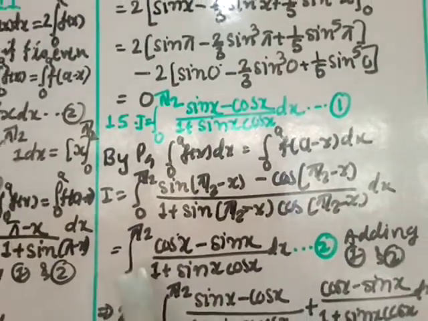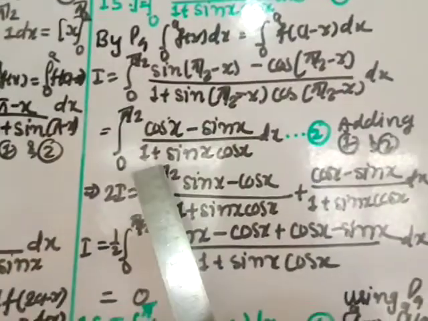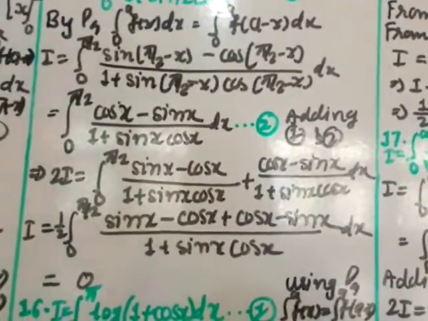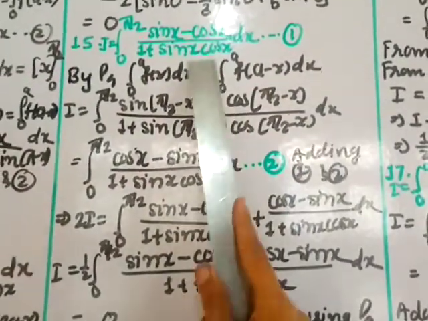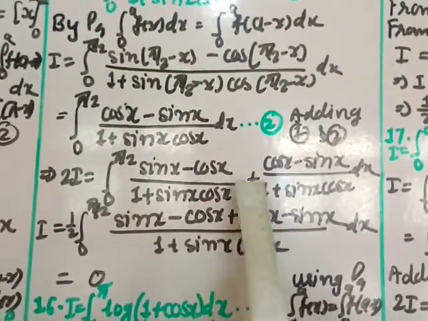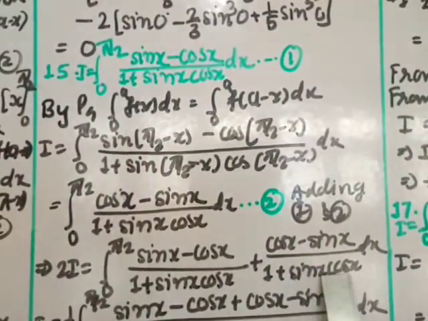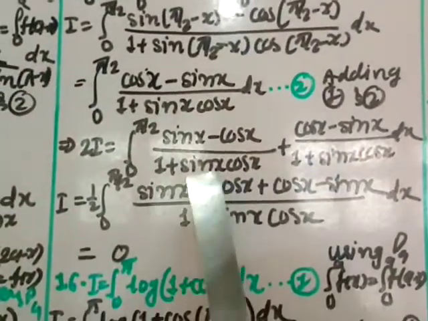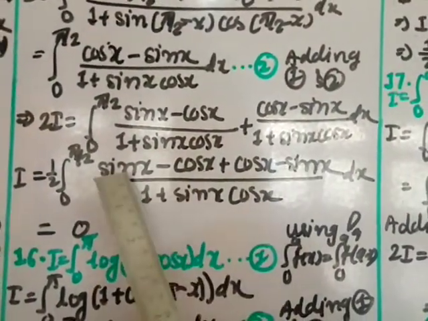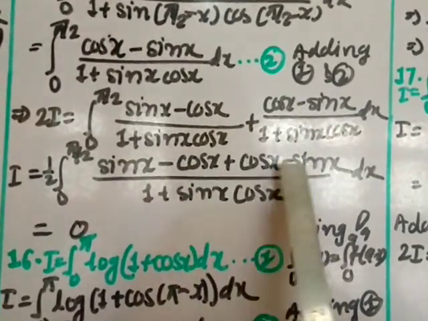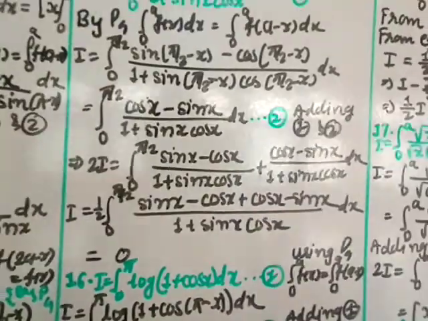The left side becomes I + I = 2I, equal to integral 0 to π/2. The denominator is the same, so add the numerators: (sin x - cos x) + (cos x - sin x), which is 0. So the answer is 0 for question number 15.